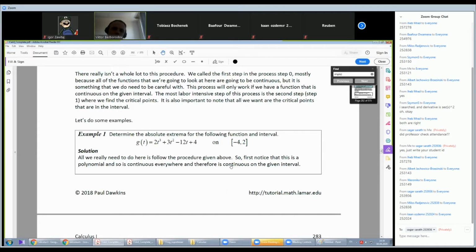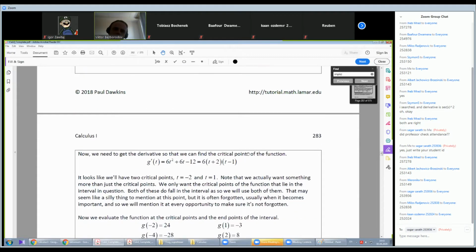So this is an example. We have this function on this interval. So we take the derivative. This is the derivative. We find critical points. The critical points are the values where the derivative either does not exist or is 0.